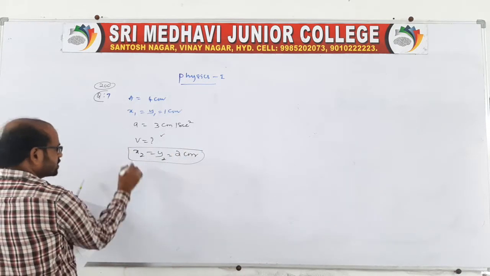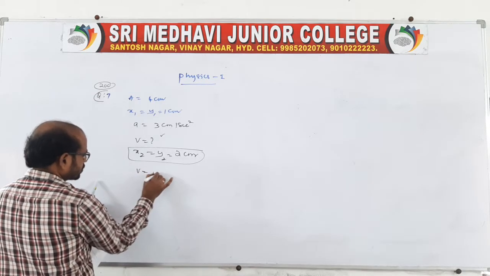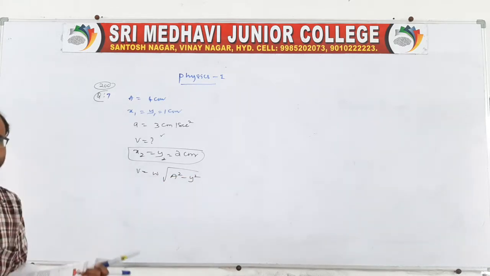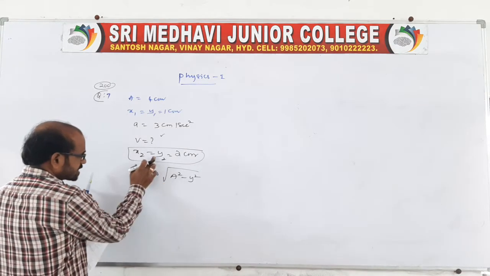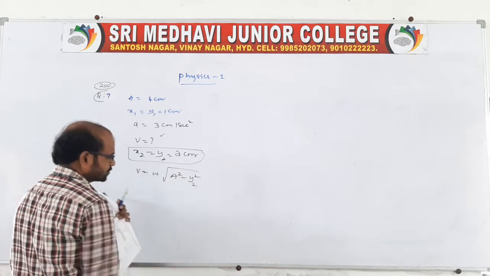We know the velocity formula: V is equal to omega into root over a square minus y square. Here we know a, and the distance is 2 centimeter, say y2.